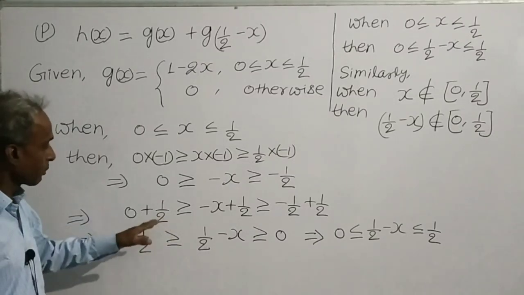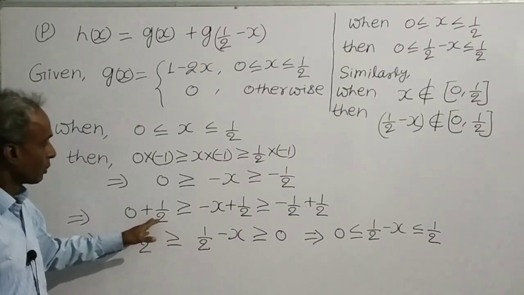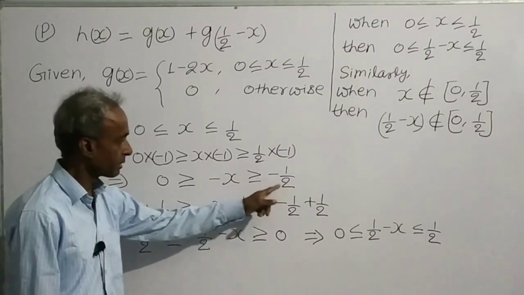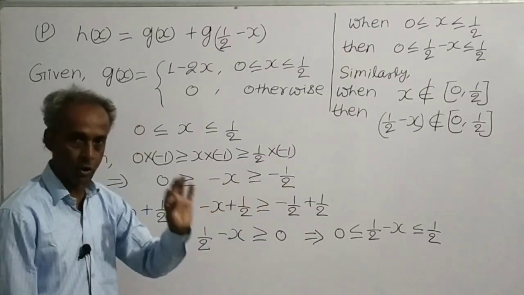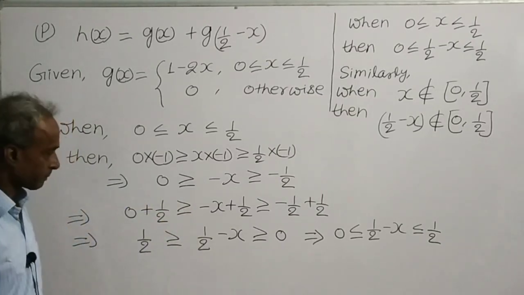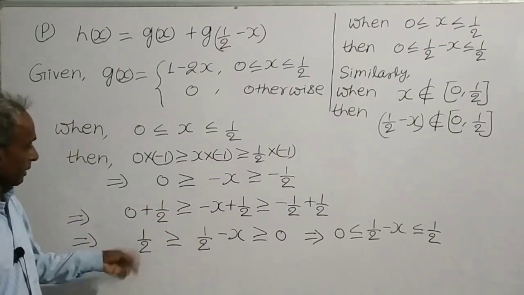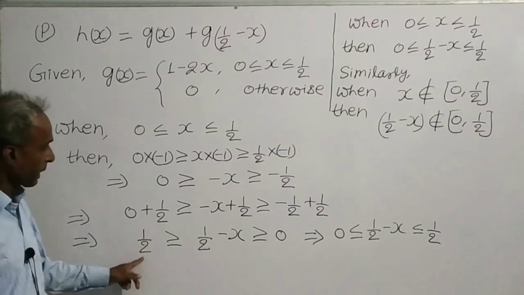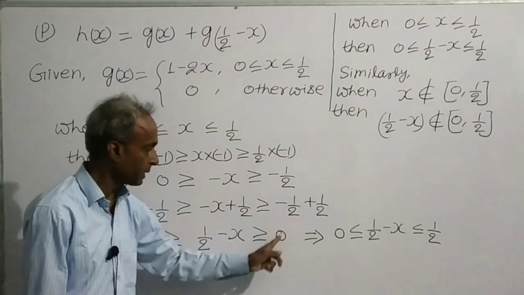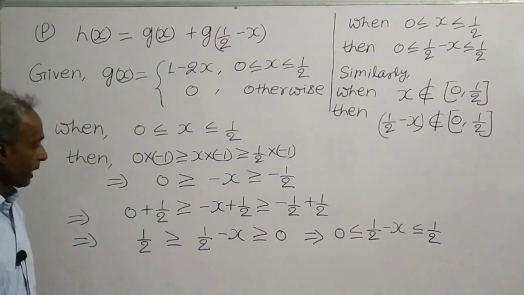Now we add 1 by 2, then the inequality does not change. Inequality does not change when we add a positive number. This is 1 by 2. This can be written like this. This will be equal to 0.